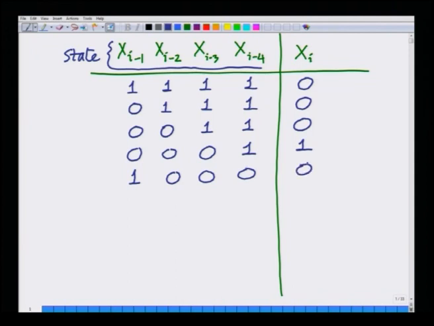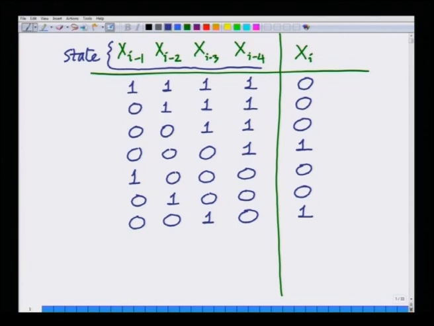The next state is 0, 1, 0, 0 and xi is 0. The next state is 0, 0, 1, 0 and xi is, look at this, xi minus 3 XOR xi minus 4.